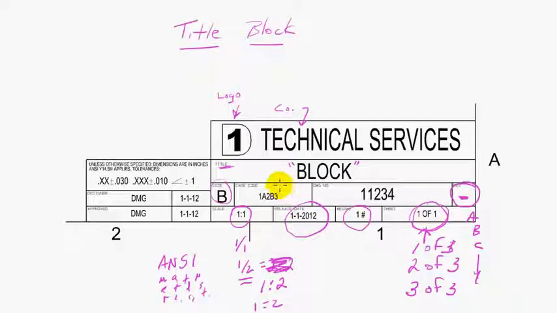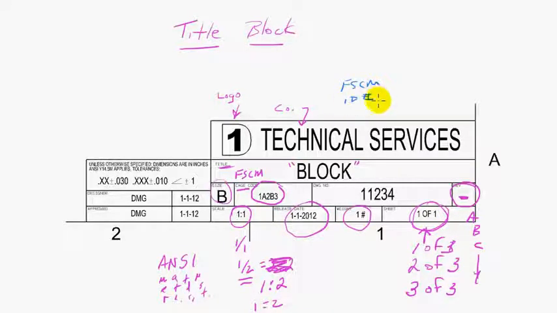Next piece of information is often, not always, something called a cage code. Okay, and the cage code is also known as an FSCM. Right, and I'm going to change colors because we got too much purple here. An FSCM just means it's a federal supply code for manufacturers, and that's just an identification number that the government uses.